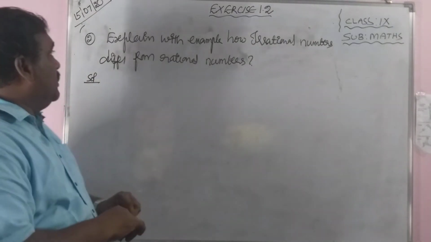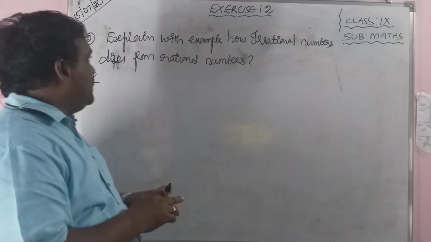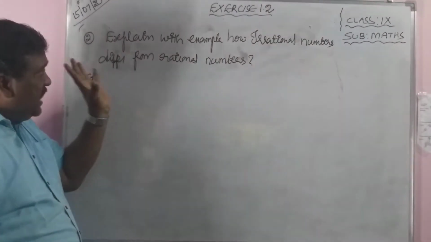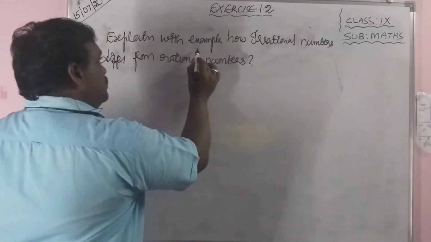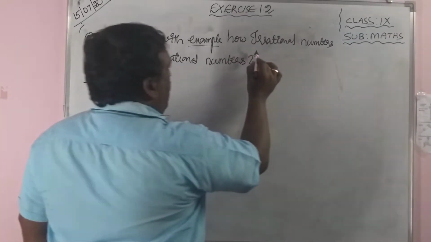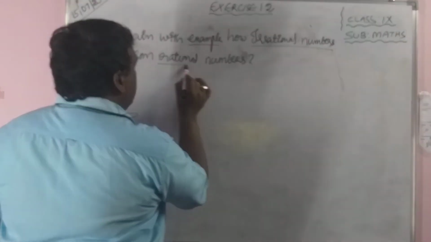Write down second problem. Explain with example how irrational numbers differ from rational numbers. Read the problem clearly.